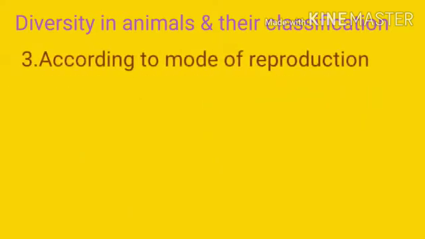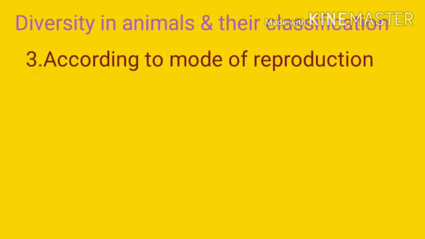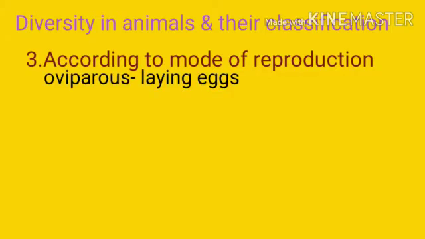Then the third type, that is according to mode of reproduction. Reproduction ज्याला मराठीमध्ये प्रजनन असं म्हटलं जातं. When one living organism is able to give birth to another organism like itself, it is known as reproduction. And based on that, there are two types. First one is oviparous, means animals that lay eggs.